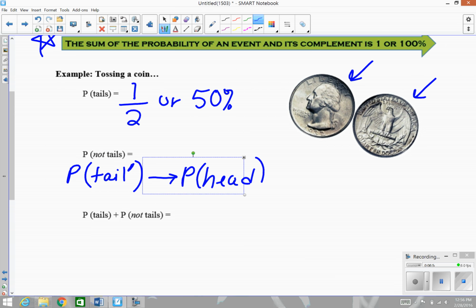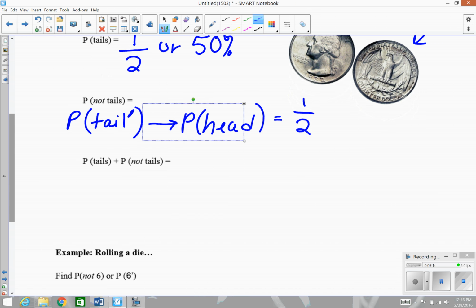So the probability of flipping a head is 1 out of 2. Now when you flip a coin, you can flip tails, but there's no way that you can also flip heads at the same time. And that's what makes it a complementary event. And vice versa, you can flip heads, but you can never flip tails at the same time.